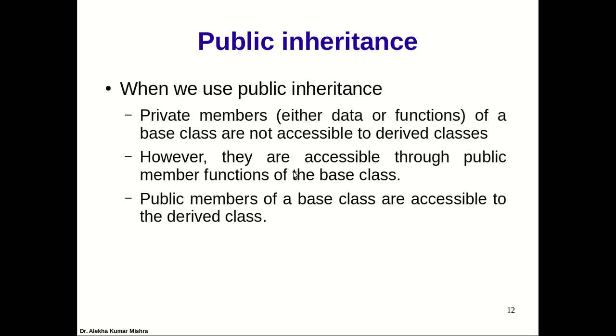However, they are accessible through public member functions of the base class. So private members are inherited but not accessible. Public members of the base class are accessible to the derived class. Whatever public members are present in the base class are all accessible to, and inherited by, the derived class.